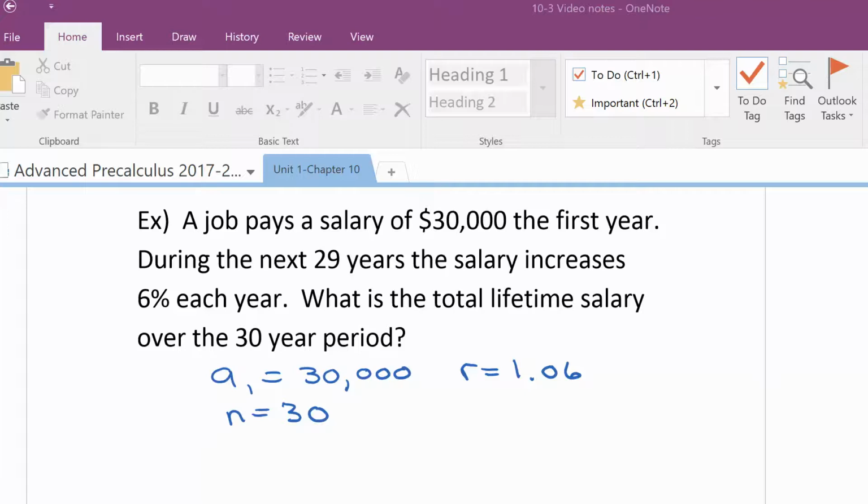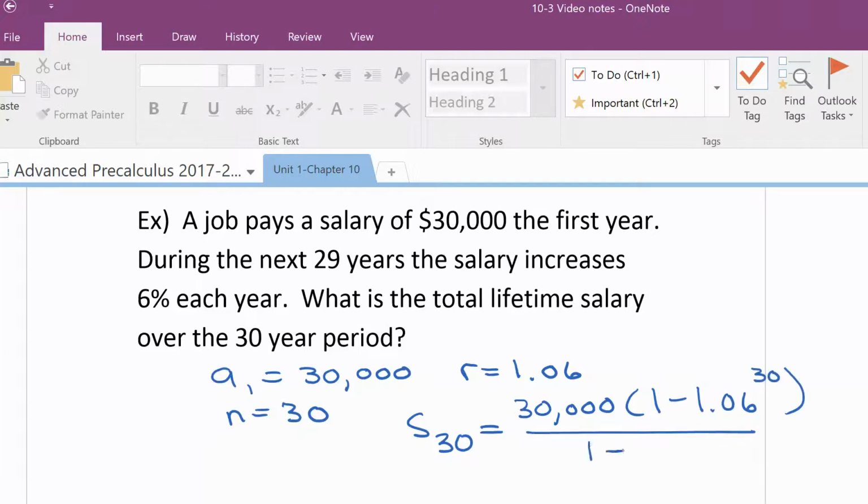So we're going to put this in the formula here to find the sum of the 30 years that the job pays. So we're going to go 30,000 times (1 minus 1.06 to the 30th) over (1 minus 1.06).